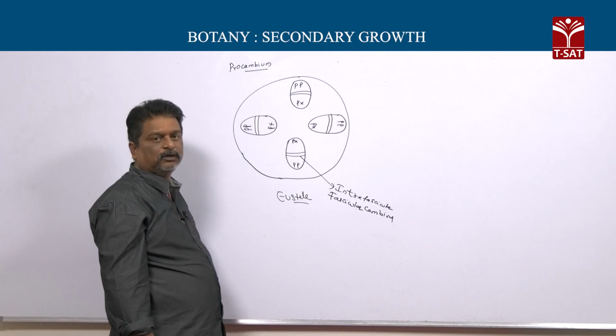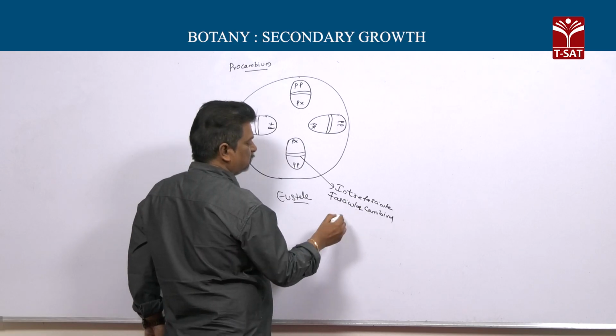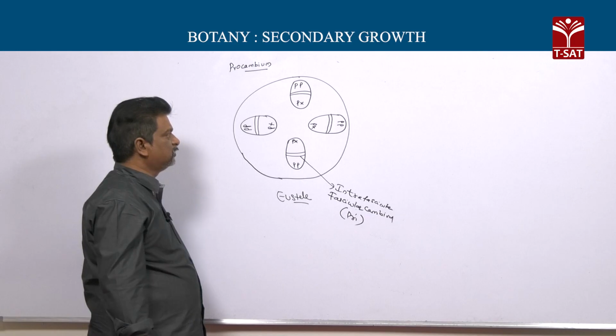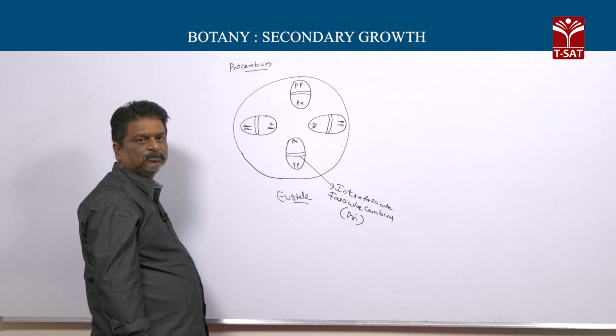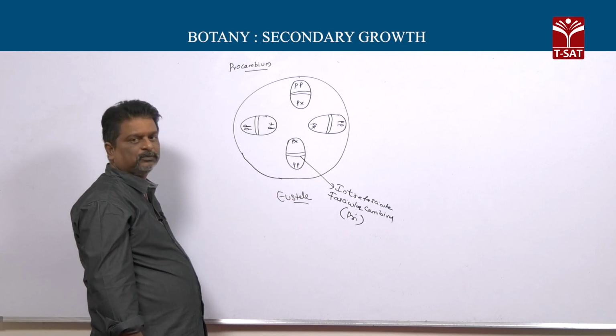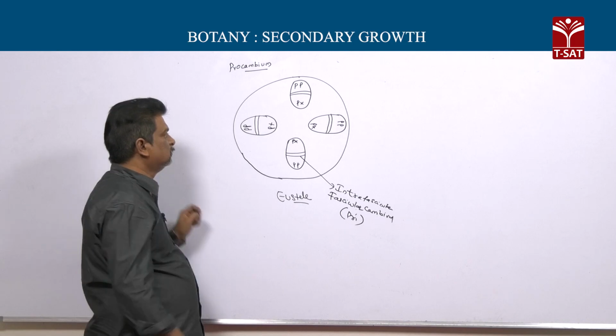So, intrafascicular or fascicular cambium is primary meristem because it is produced by differentiation. So it is primary meristem.